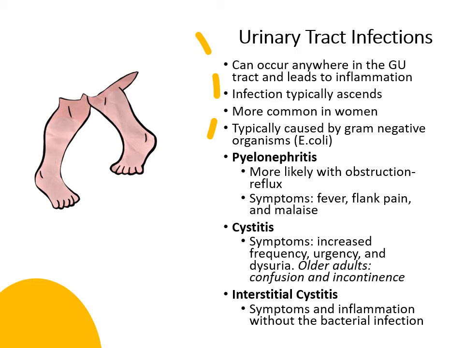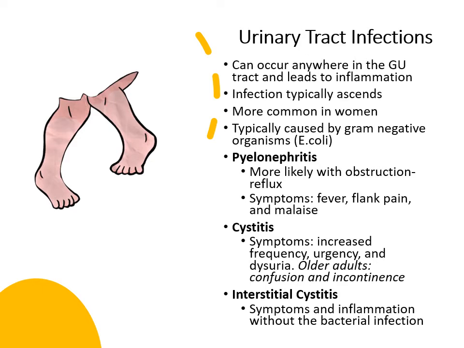There is a condition called interstitial cystitis, which basically has identical symptoms to cystitis, but it's just inflammation of the bladder. And this occurs in women. There's no bacterial infection. In fact, women often get repeated courses of antibiotics because it has identical symptoms to a bacterial cystitis.